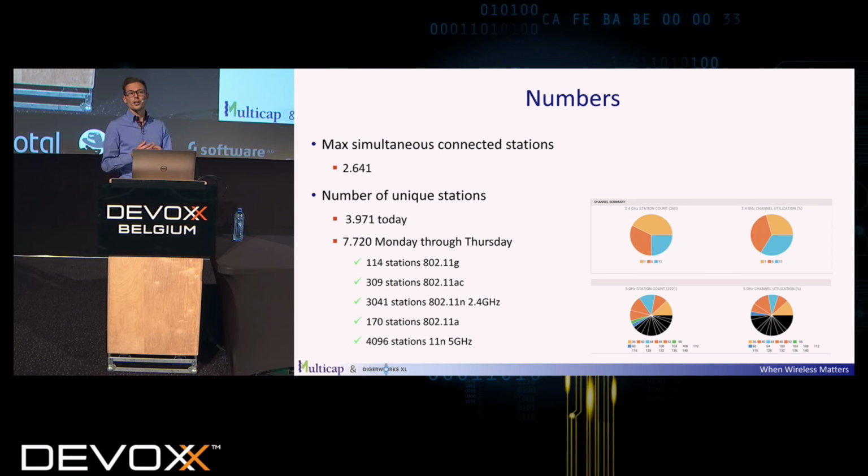Obviously, the radios can go higher, but this is the limit that we have coded inside the system to really alert us and make sure that we pay attention to the fact that you guys are just with too many people on one AP. And that's actually the first time that has happened. We have been using this setup with roughly the same numbers since 2010. So this is the 6th year that both Multicap and DigerWorks are supporting Devoxx in deploying this wireless equipment.